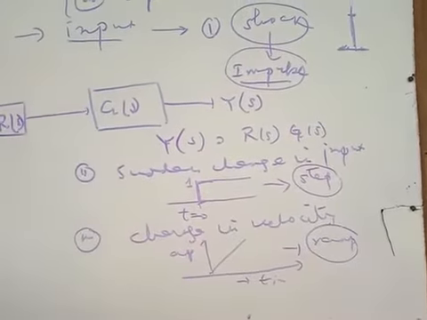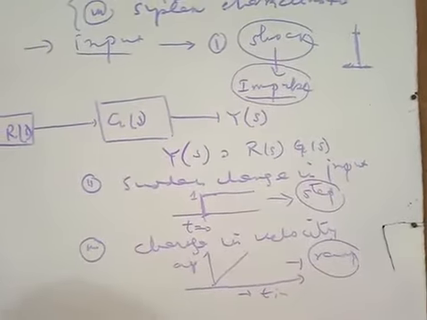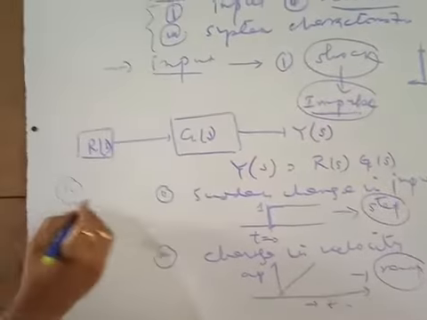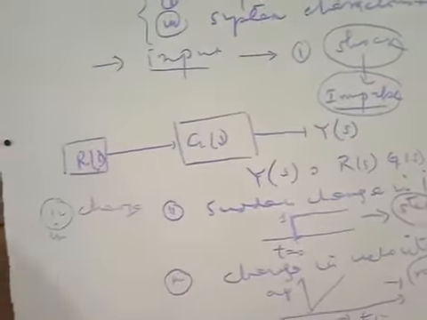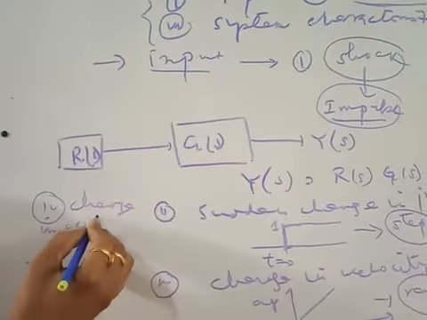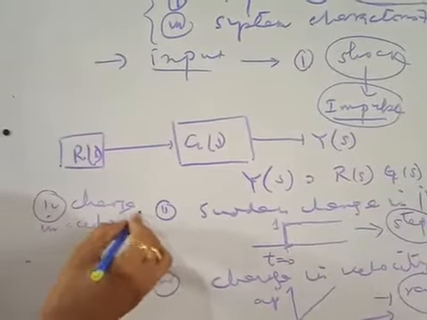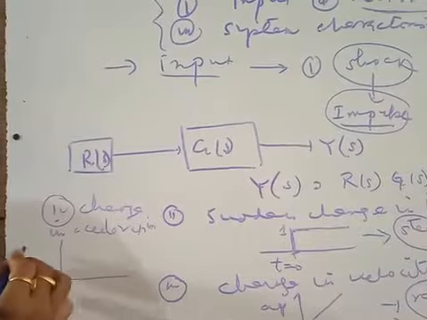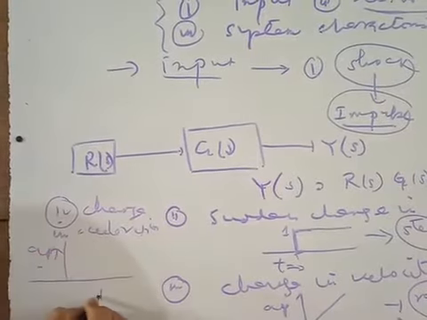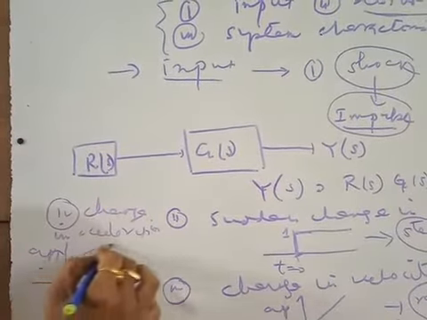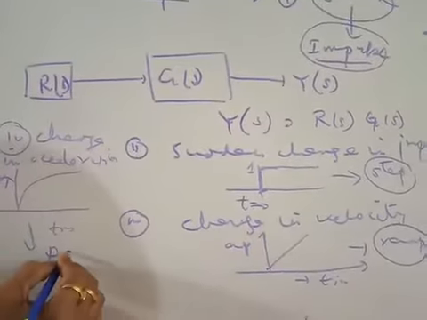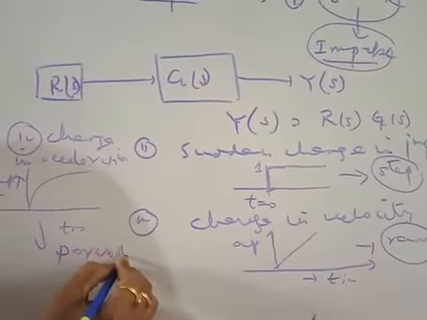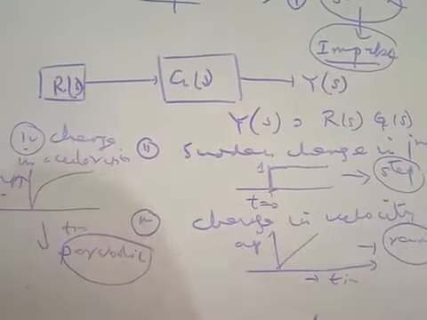Similarly, there is a fourth type of input, that is known as change in acceleration. Change in acceleration means this is your amplitude, this is your time, and this type of input is known as parabolic in mathematical form.